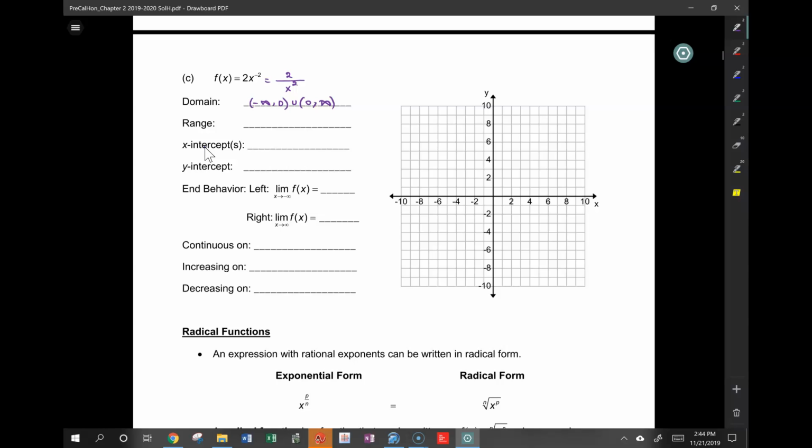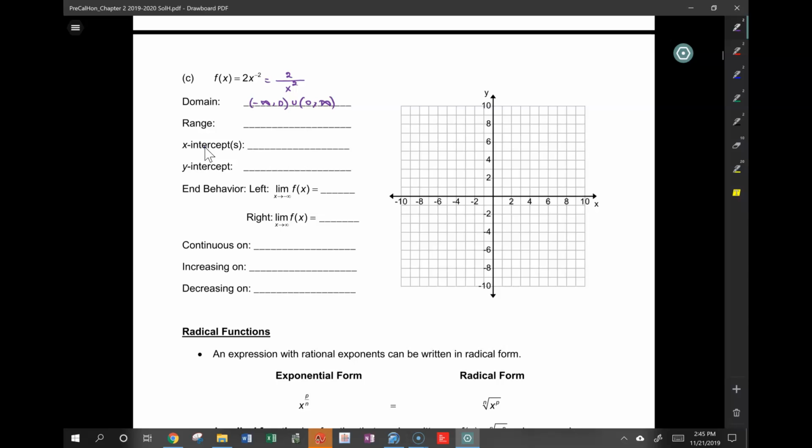Okay, now let's talk about range. Range is my y values. Okay? So are there any possibilities of my y values being positive? Yes, right? Can I put a value in for x that will give me 0 for y? No. 2 divided by, there is no number that if you divide 2 by, you get 0. Okay?